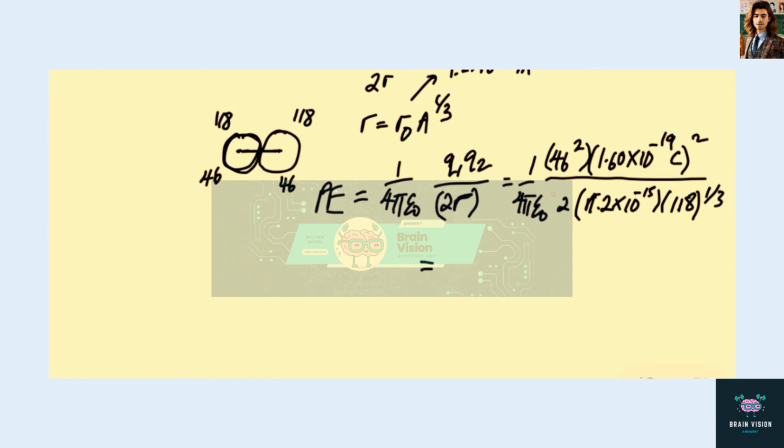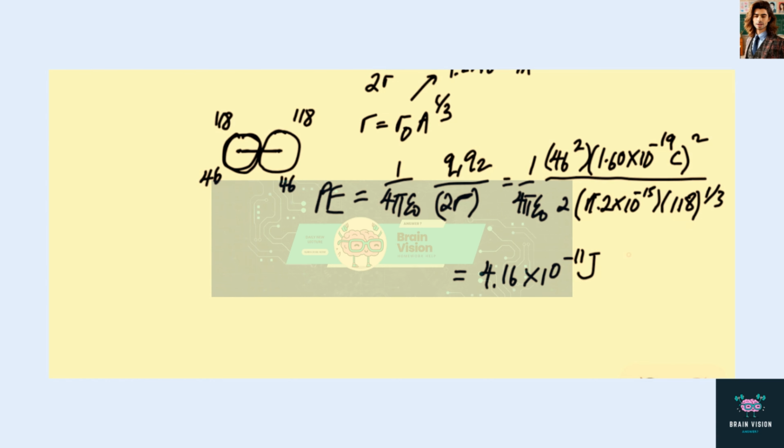Right. So epsilon naught is the permittivity of free space, which you should be able to look up online. The value is about 8.85 times 10 to the power minus 12. So evaluating this expression, you should get a value of 4.16 times 10 to the power minus 11 joules.